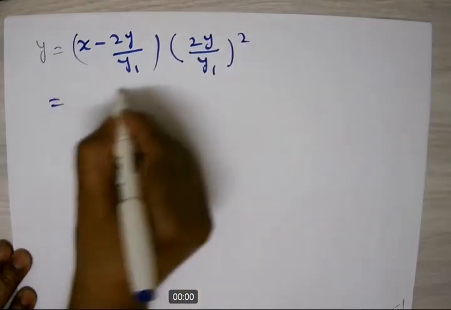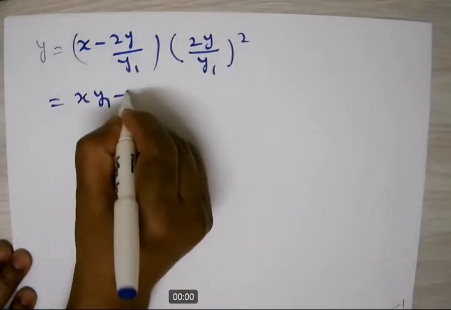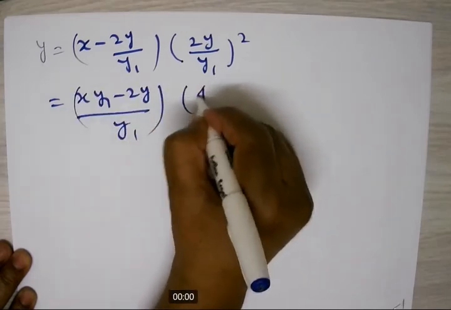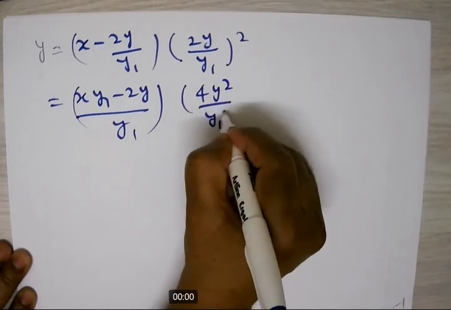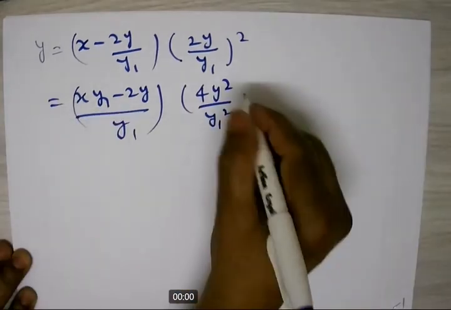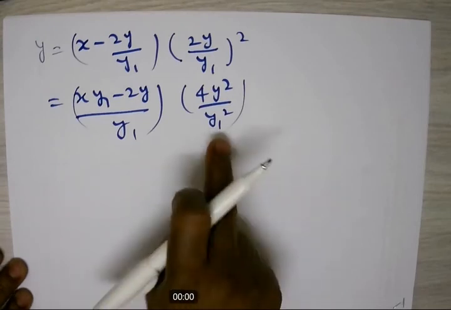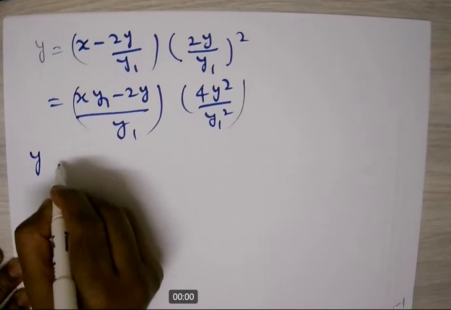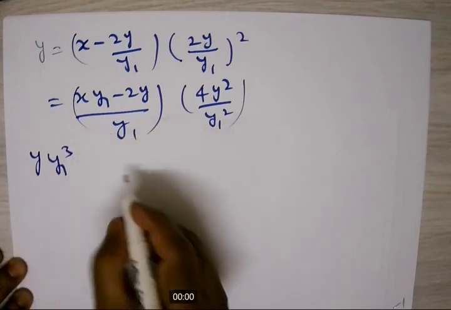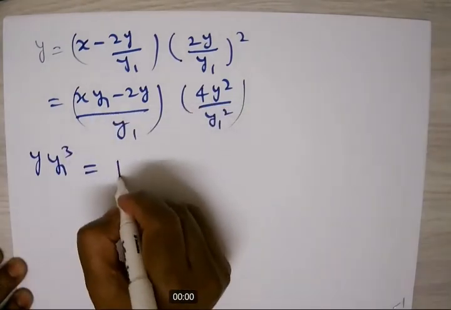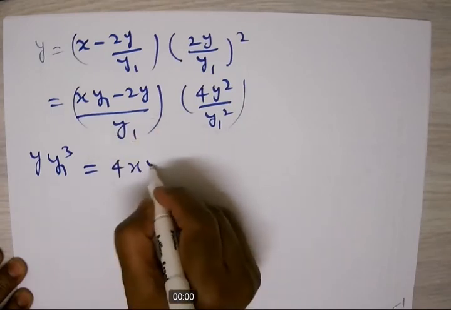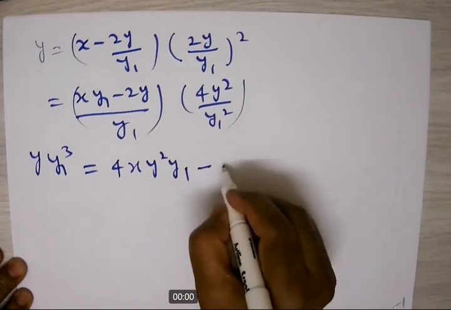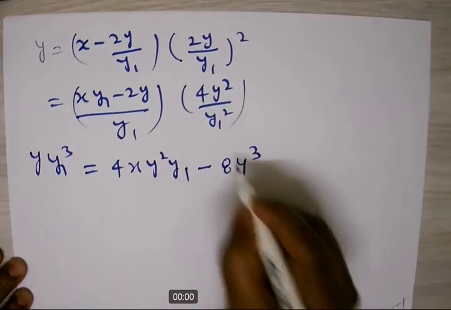Simplify it. We can simplify it as x y1 − 2y divided by y1, and 4y² divided by y1². Use cross multiplication: y1², y1, y1³. That means y·y1³ equals 4x y² y1 − 8y³. See that one?